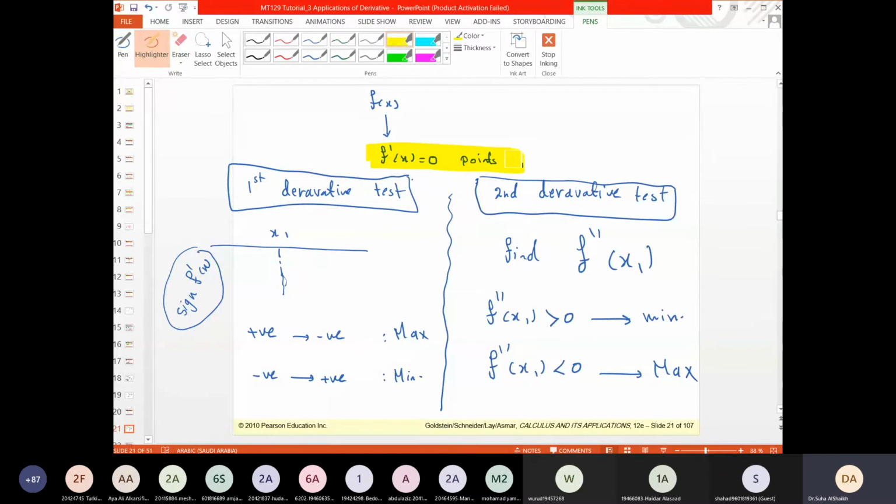If I want to use the second derivative, I'm going to substitute the point inside the second derivative. الحين sometimes we use the first derivative and it fails. يفشل the first derivative. So we have to go and use the second derivative test. Okay? And we will see an example now about this. أحيانا the first derivative ما يعمل, so I have to go for the second derivative. And both of them will give me the minimum and maximum point.